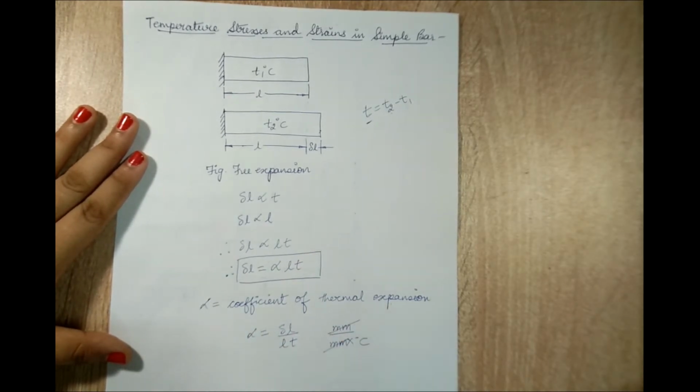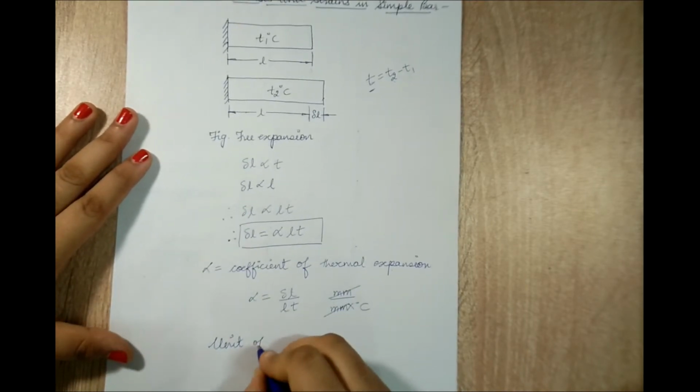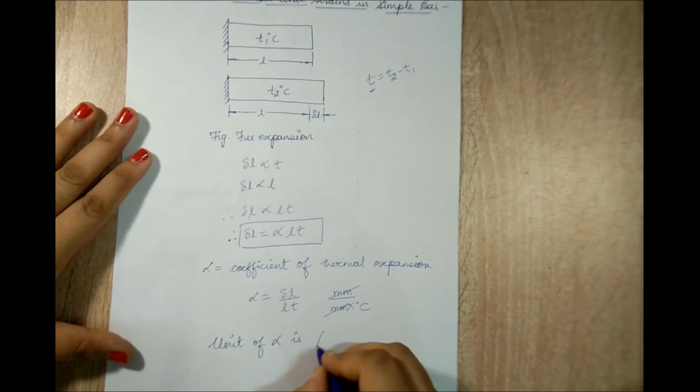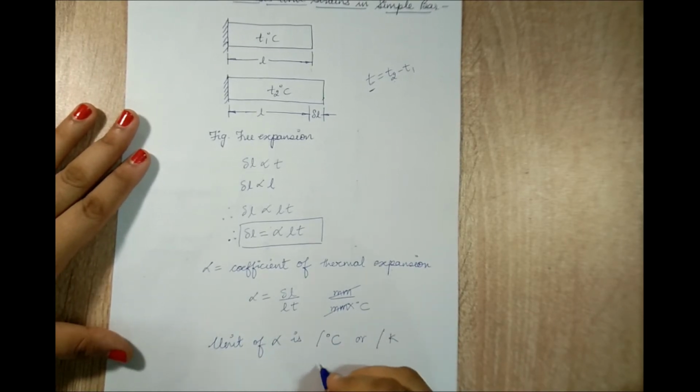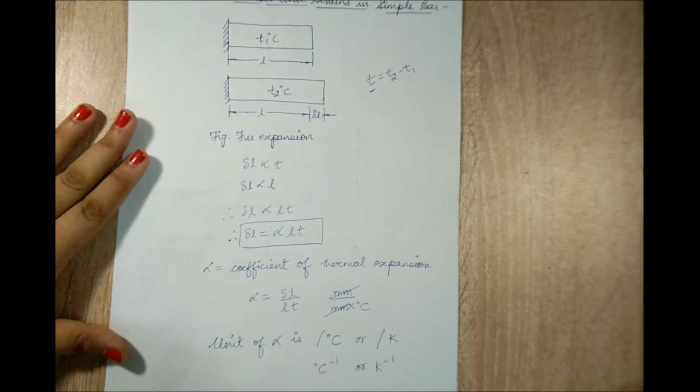So the mm units cancel out and what remains as the unit of alpha is per degree Celsius or per Kelvin. This can also be written as degree Celsius inverse or Kelvin inverse. So these are the units of alpha.